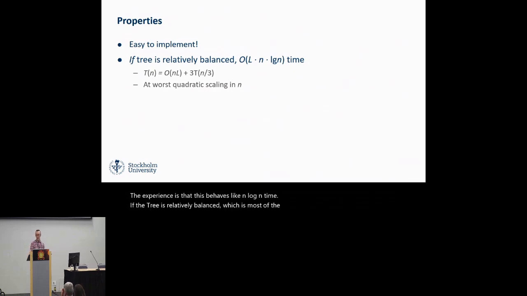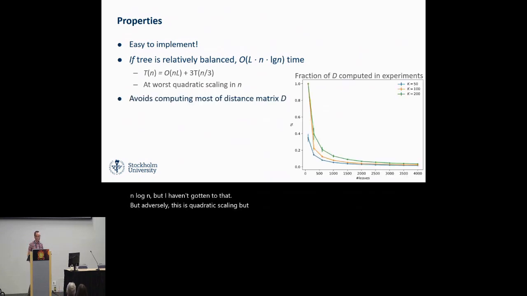If you're smarter than me, and there are plenty of you in this room, you can probably prove that the expected running time is n log n, but I haven't gotten to that. But at worst, this is quadratic scaling. Empirically, we're avoiding a huge amount of distances from the distance matrix. So in this graph, as you approach 4,000 leaves, we're getting almost no distance estimations done, which is helpful for speed.